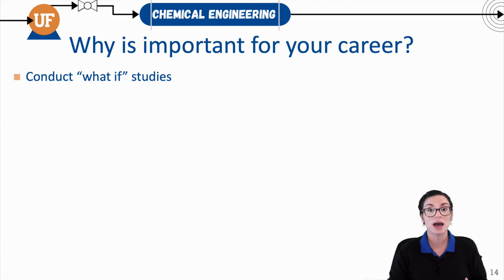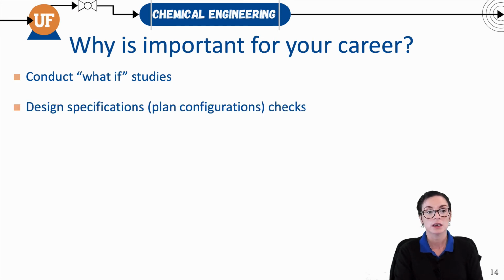Here, you have not only one particular equation to solve, but multiple equations being solved for multiple units and multiple streams. So it is a very complex system where you can conduct what-if studies. It is very, very powerful if you want to explore behaviors and trends on a whole system or process flow diagrams that include multiple units within it.